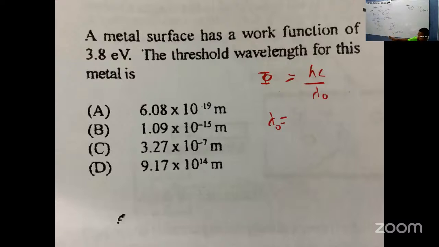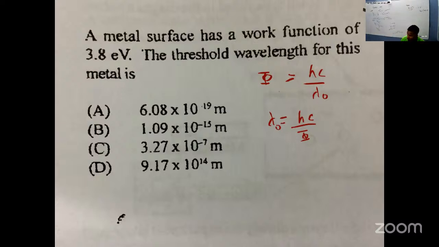So you have to convert EV to joules, and then plug in h and c. All of these are the work function, but they give it in EV instead of joules.